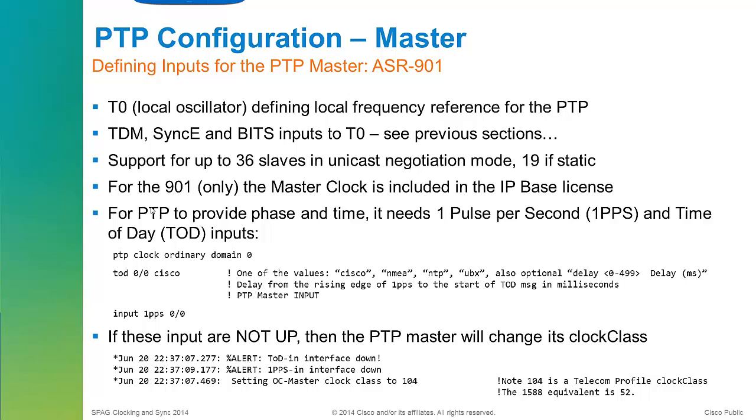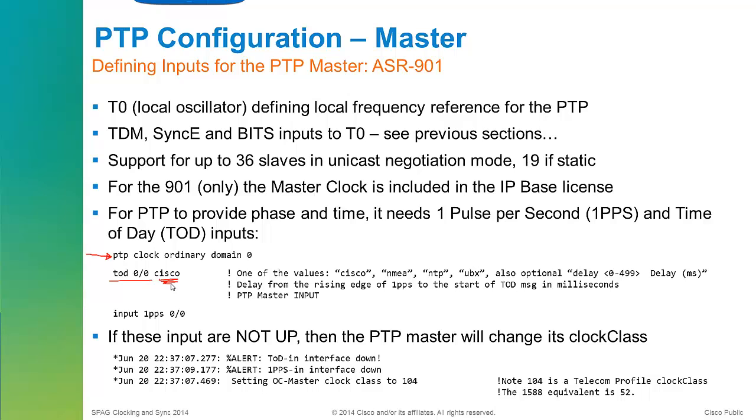So we know now we need time and phase input. We have seen the plugs on the front of the platform, so we need to define it. We go into our configuration mode, into our PTP clock configuration mode, and then we define a time of day, that's the device, and then we define the format of the time of day as being input.